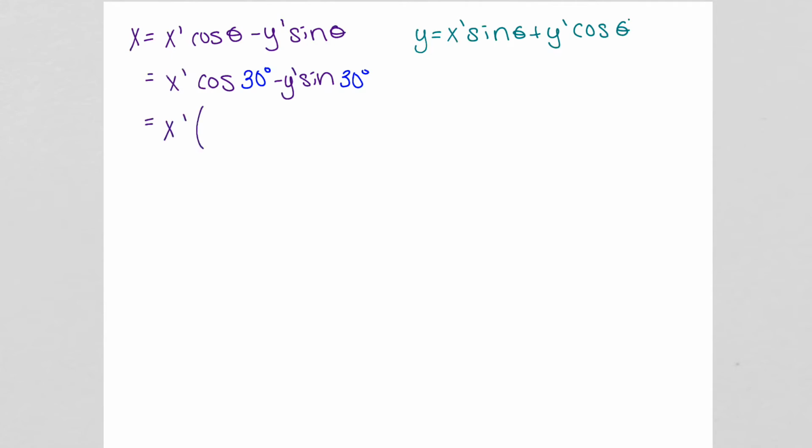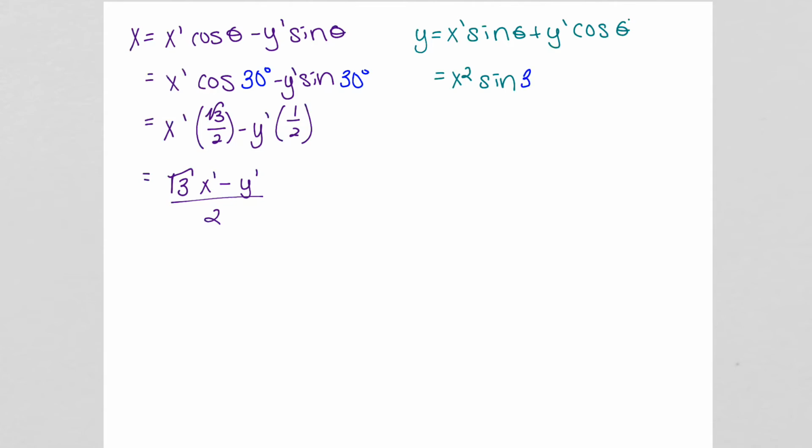Cosine of 30 degrees is root 3 over 2. Sine of 30 degrees is 1/2. If we simplify that, simplifying it gets us pretty much square root of 3 times x prime minus y prime all over 2. And then for y, we've got x prime sine of 30 degrees plus y prime cosine of 30 degrees.